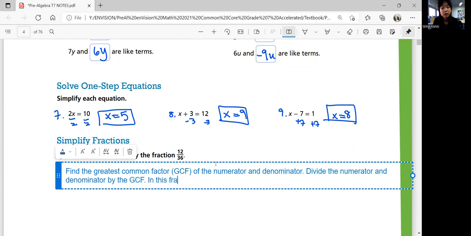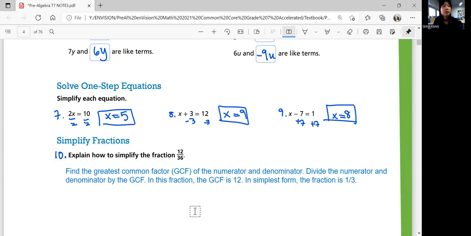And in this fraction, the GCF is 12. So in simplest form, the fraction is 1 over 3. So the simplest form that's equivalent to this fraction is 1 over 3.